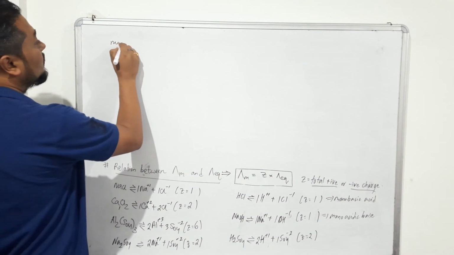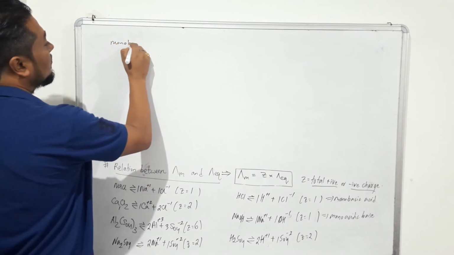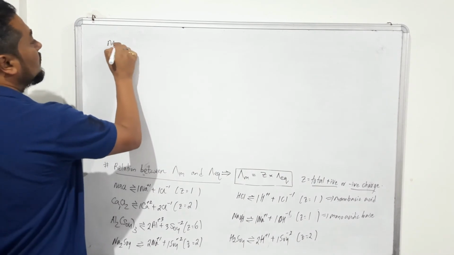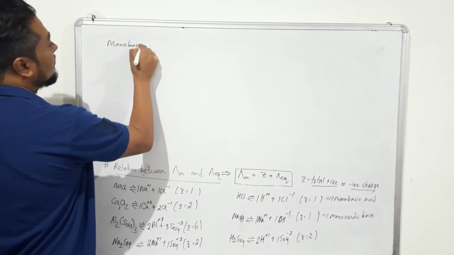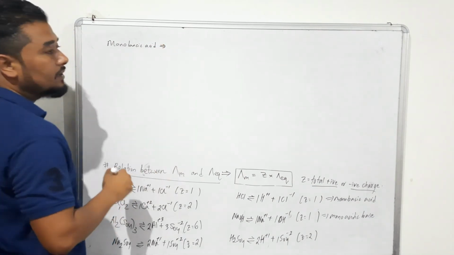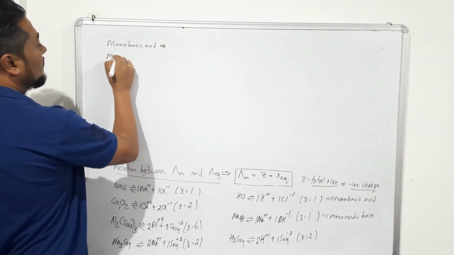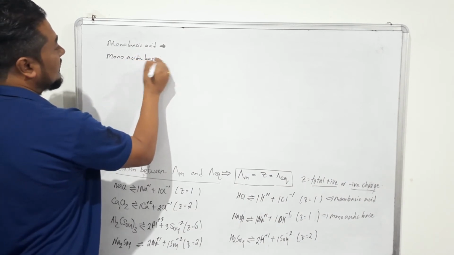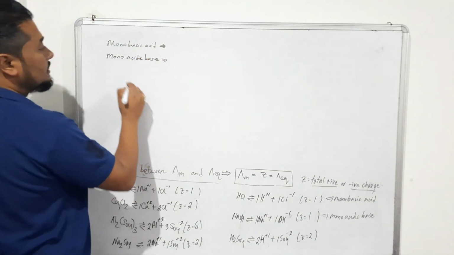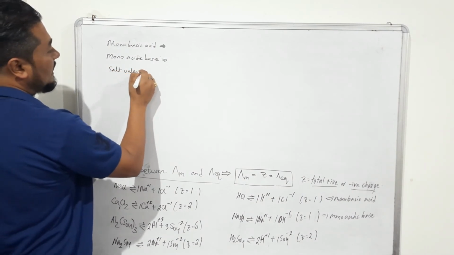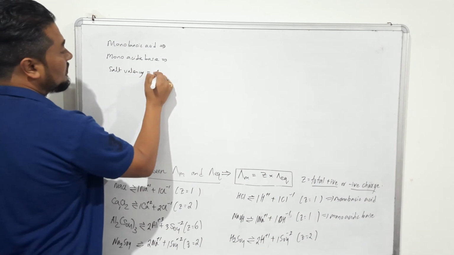So for monobasic acid having basicity 1, for monoacidic base having 1 OH, or salt whose valency is what? 1.